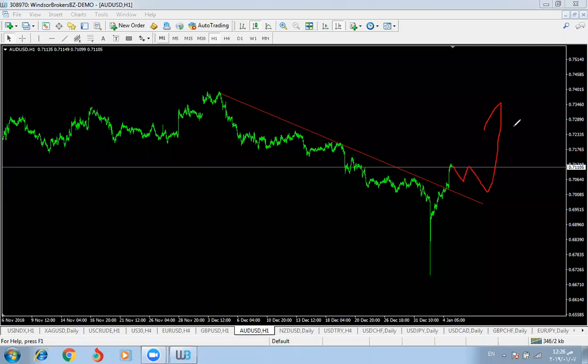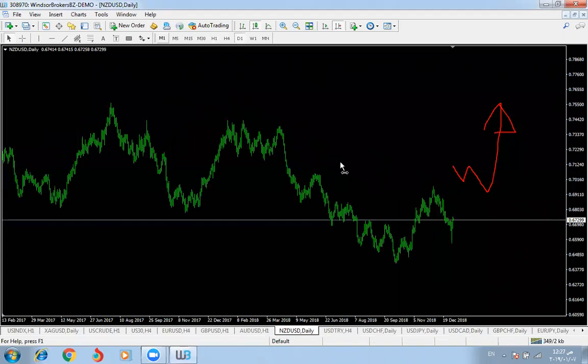So for any corrective structure, you have to buy the USD after each correction, after each triangle, after each flat, zigzag, after each pennant, flags. You have to understand the corrective structures so that you will be able to make your trades.